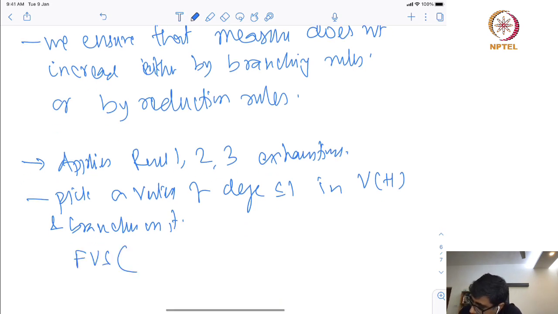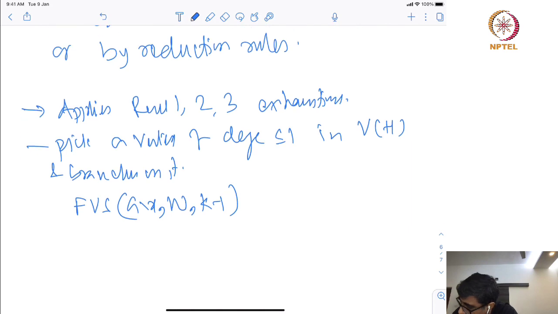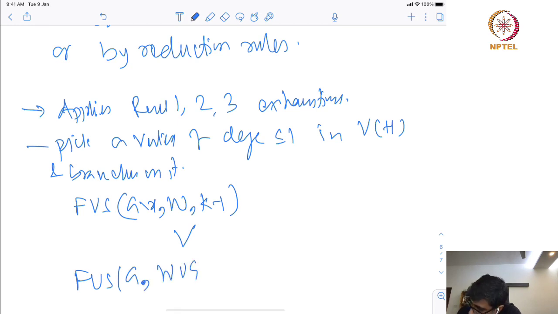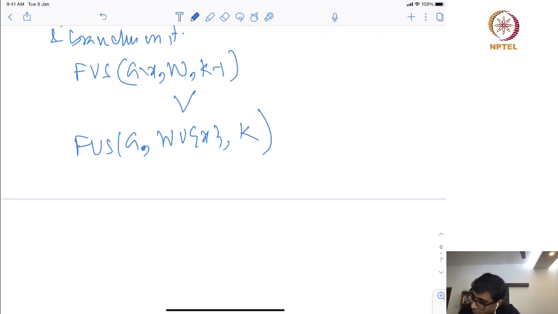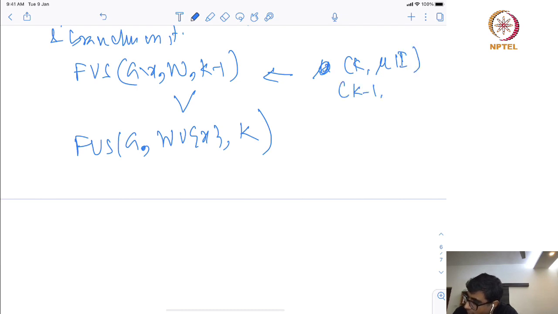FVS of G minus X, W, K minus 1, or FVS of G, W union X, K. In both cases, K drops. So I can think of K and mu of I, right. In the first, K drops by 1, and mu of I remains the same. In the second, K remains the same, and mu of I becomes less by 1.